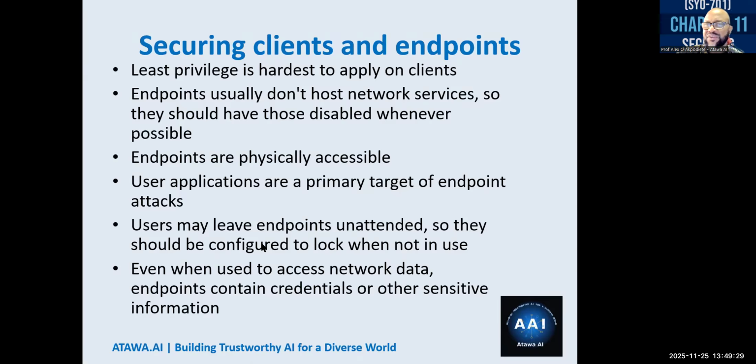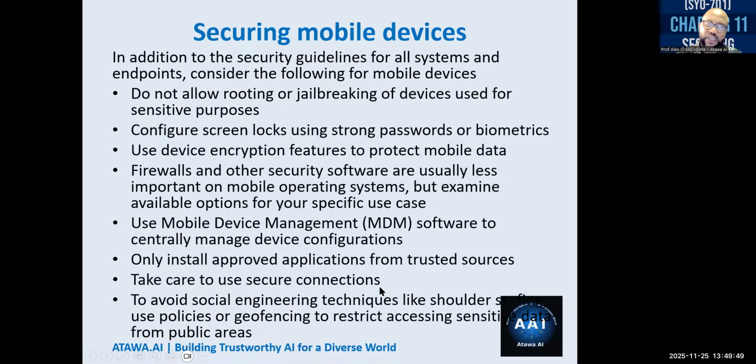Sometimes users leave their devices unattended, maybe out of laziness or whatever the reason is. Make sure you configure them to lock when not in use, especially at the receptionist's desk. She goes off to the bathroom, or a secretary does. Make sure you have some way of securing them and also, of course, preventing shoulder surfing.